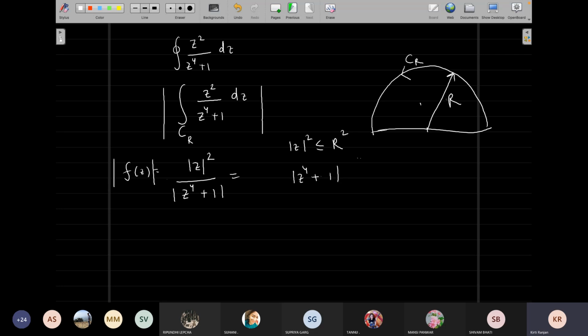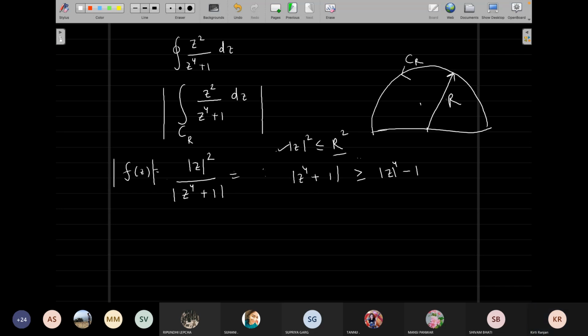This will always be greater than or equal to mod z^4 minus 1. So this is where we are using the identity that the numerator will always be bounded by R square, which is of course the radius, and the denominator will always be greater than |z|^4 minus 1, which comes from the identity that |a plus b| is greater than or equal to |a| minus |b|, and that is what we are using.